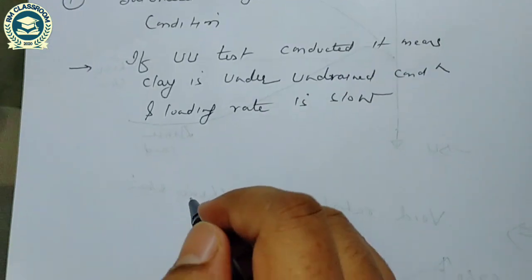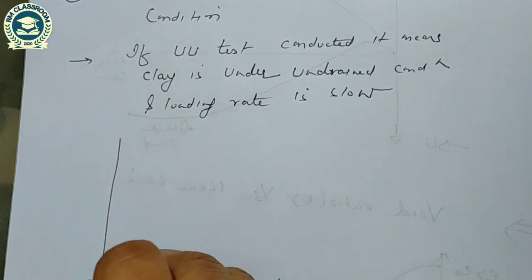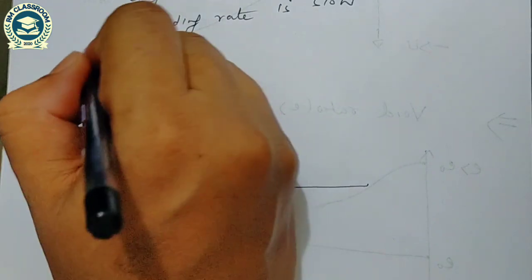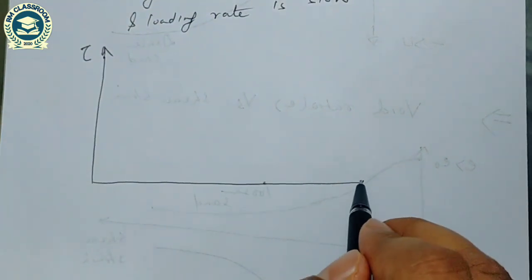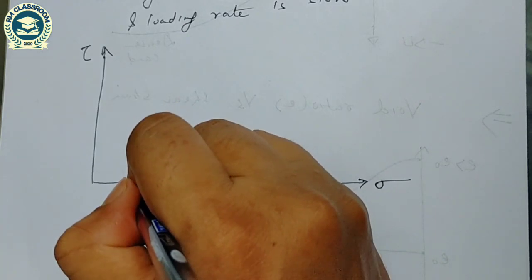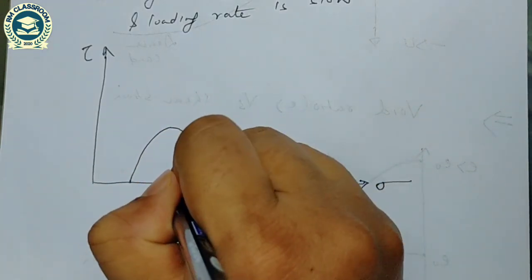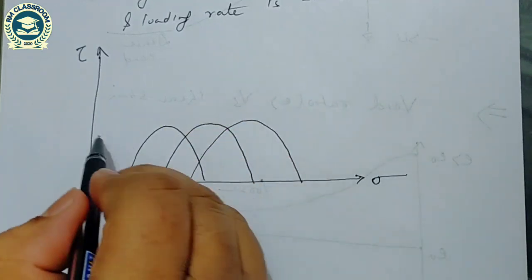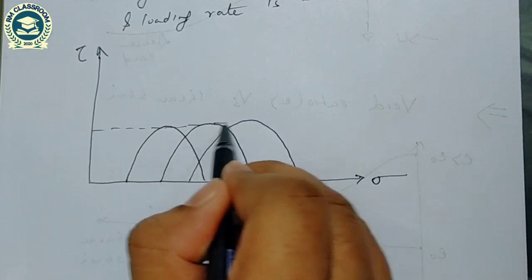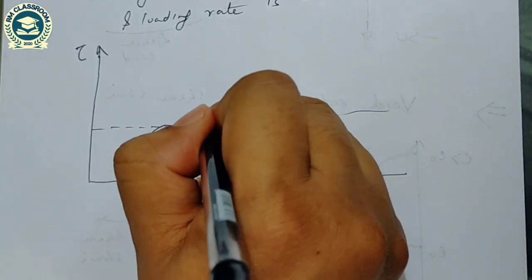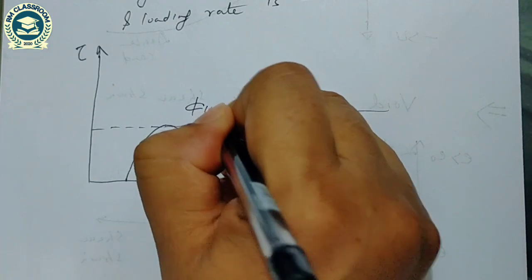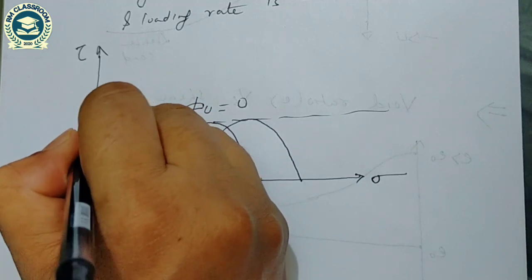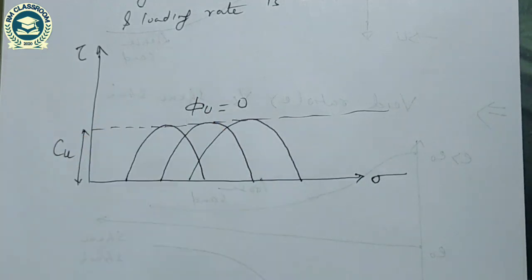If I draw the Moore circle for the UU test of clay, this is the shear stress axis and this is the normal stress axis. This is the Moore circle under UU test. A common tangent is drawn and its slope gives the angle of internal friction, which in this case is 0, and the intercept on the shear stress axis gives the undrained cohesion.